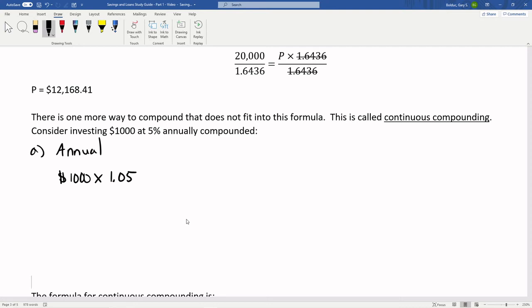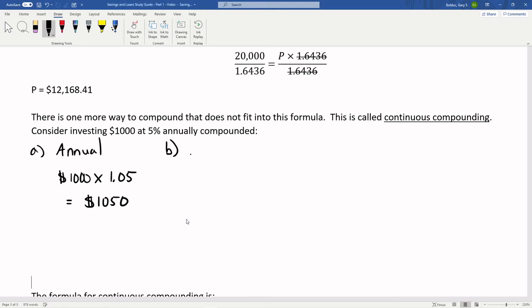After 1 year, this is all I have to do to figure out how much money I'll have. And I will end up here with $1,050. So that's if I compound just once a year. In the whole year, I just compound once. That's it.